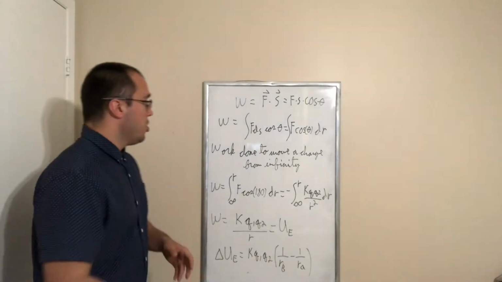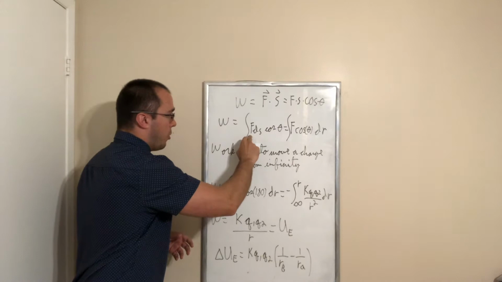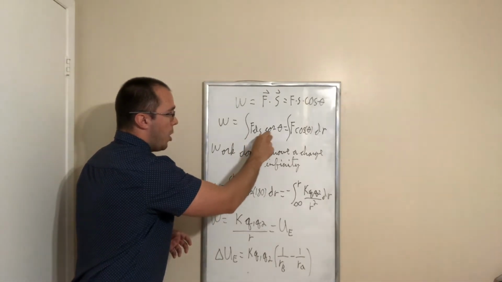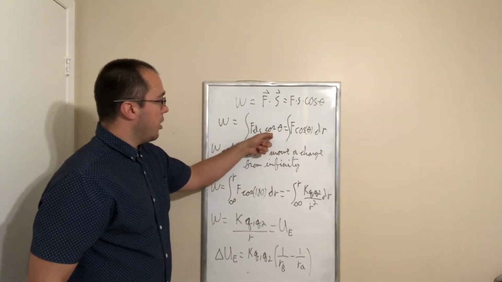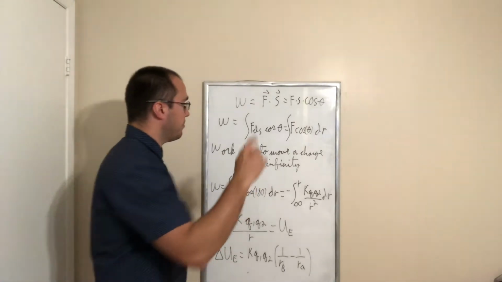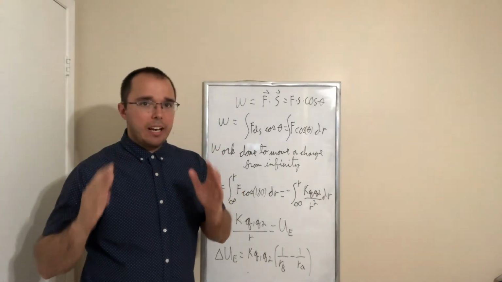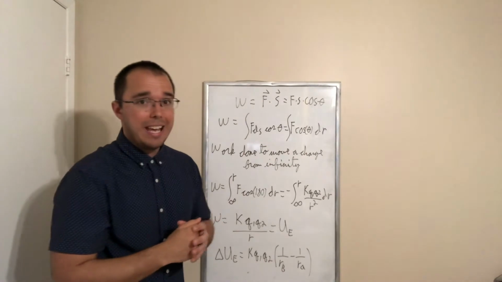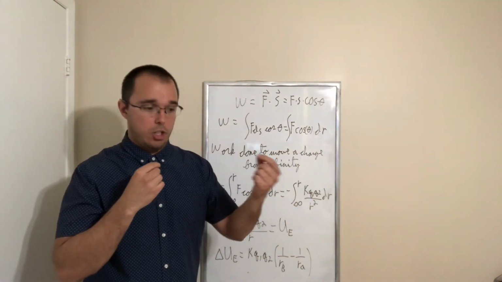So the work done will be equal to the integral of the force multiplied by the derivative of the displacement, ds, multiplied by the cosine of the angle. We assume that the angle stays constant throughout the entire motion. Because it's a conservative force, the only displacement that affects the work done is the displacement along the radius of the charge.